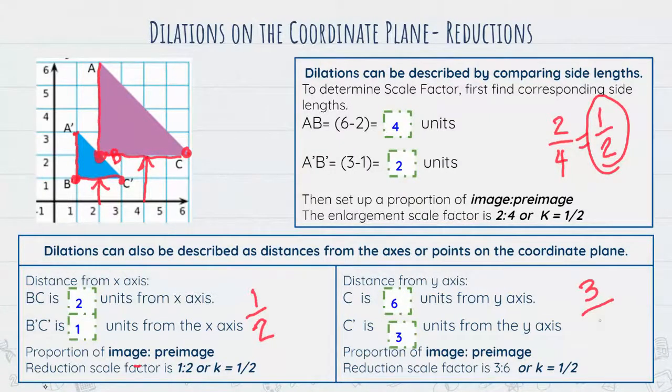And our pre-image was the larger one, 6. So all of the scale factors are 1/2. Just be really careful. If you know it's a reduction and you end up with a number greater than 1, go back, flip those numbers around, and get your fraction. Just make sure you pay attention to what is the image and what is the pre-image.